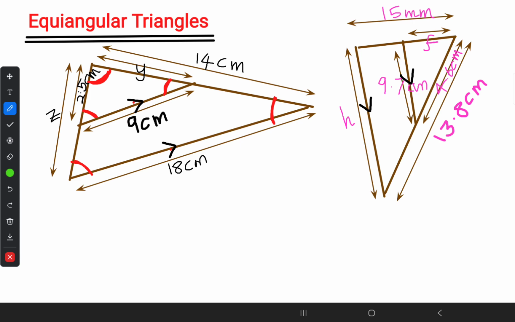Then I'll write the equiangular ratio confirmation. So I will write the ratio between two known corresponding sides. This 9 and 18.